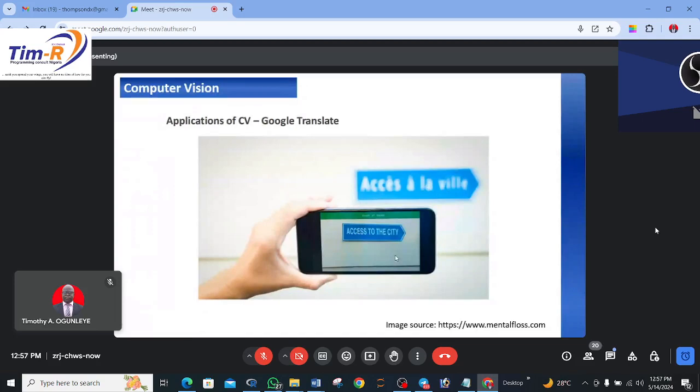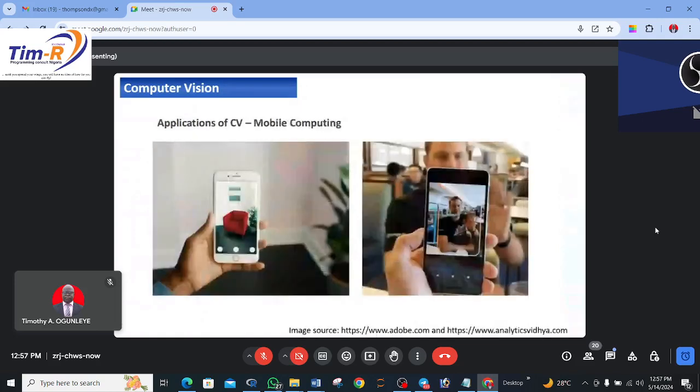That's another application. Another application is in mobile computing, whereby we can actually use that. A lot of people that use mobile computing are people that design a house or furnish a house.